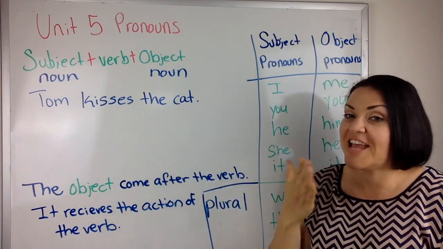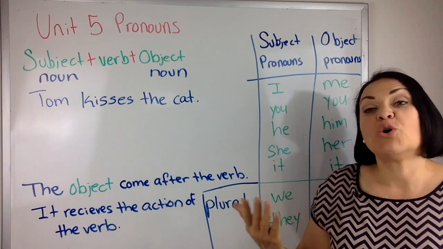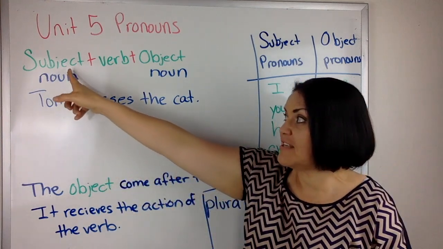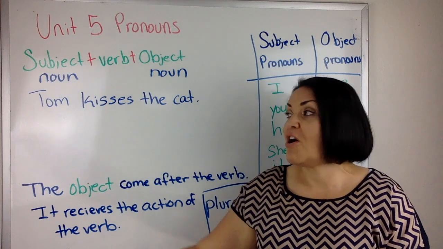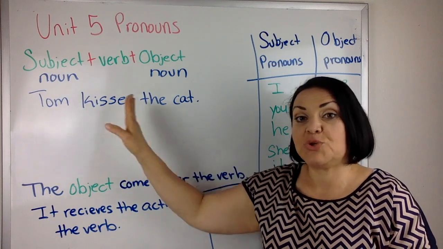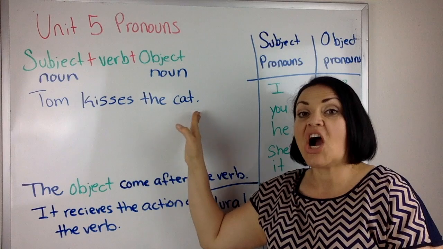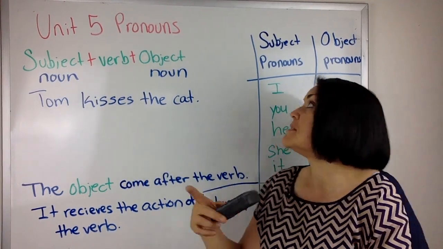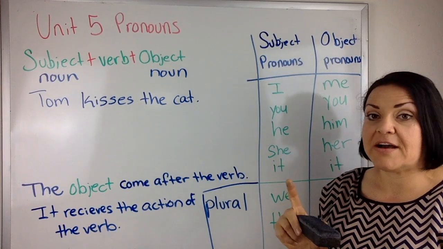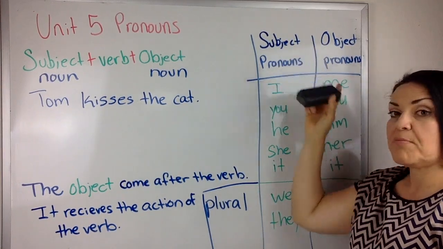The cat got a kiss. Who is the subject? Who did it? Tom. So it's all about what Tom did to the cat. This is the object. Now we're going to talk about subject pronouns and object pronouns.